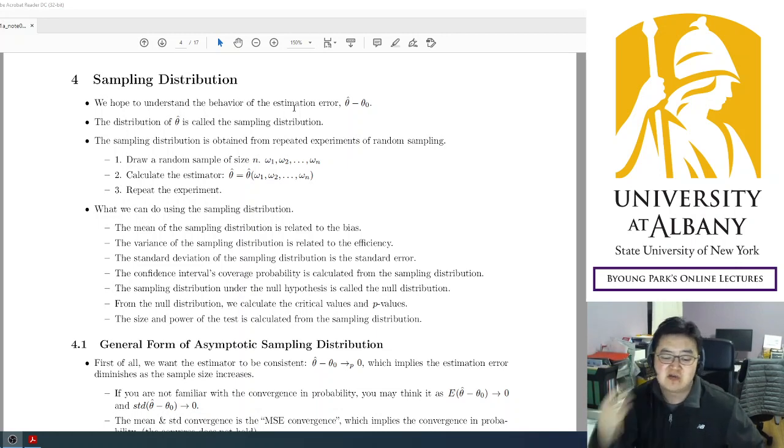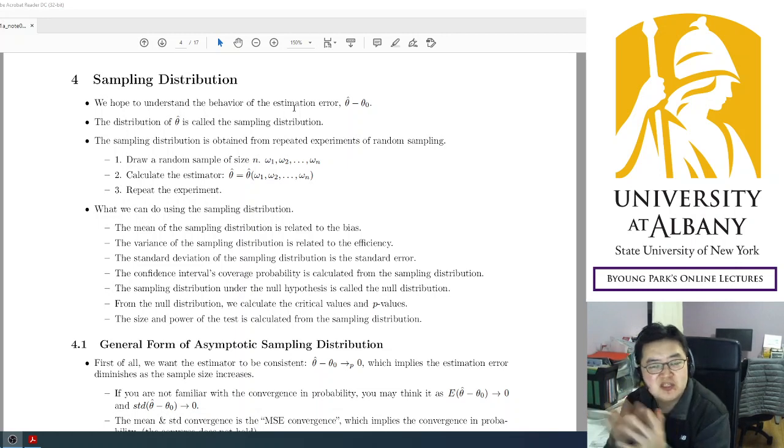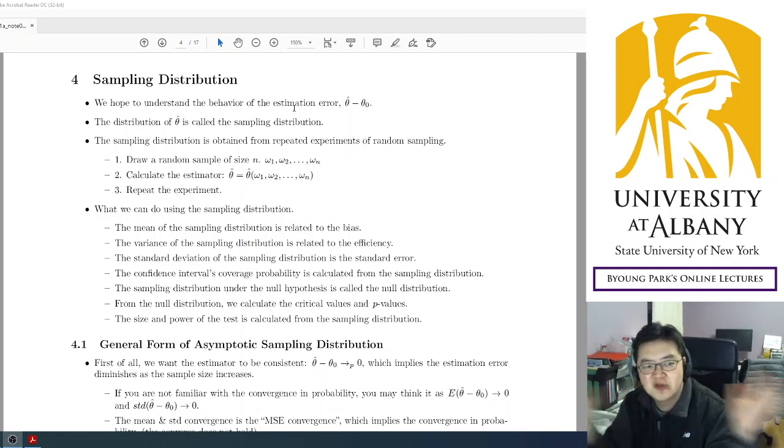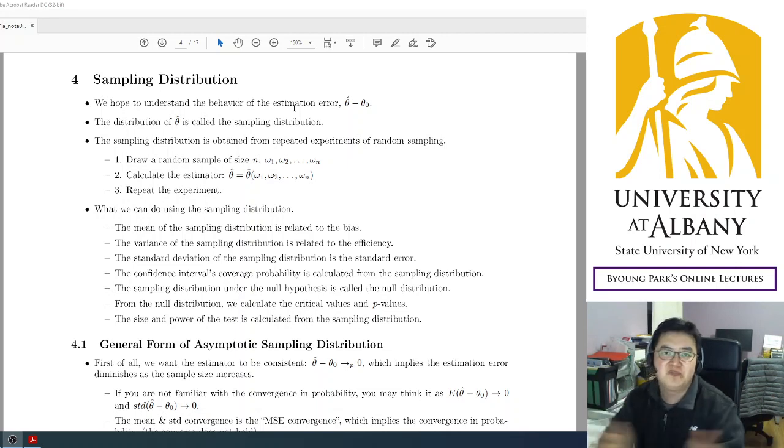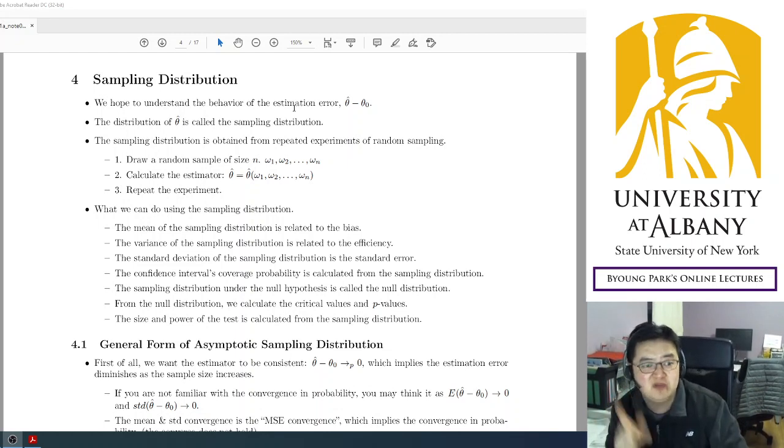Using the 100 UAlbany students, I will calculate their average GPA, the average over 100 students. Then that average GPA will be my estimator.